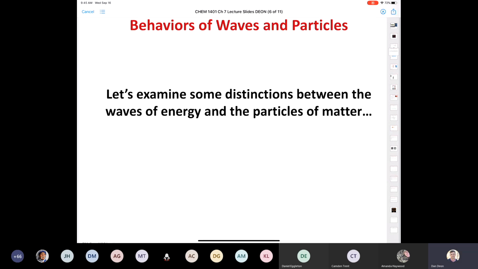We're going to get into explaining some of the particle behavior of energy and some of the wave behavior of matter, which is not intuitive. That is why quantum mechanics is a difficult subject. But we're going to look at some of the distinctions first between waves of energy and particles of matter.